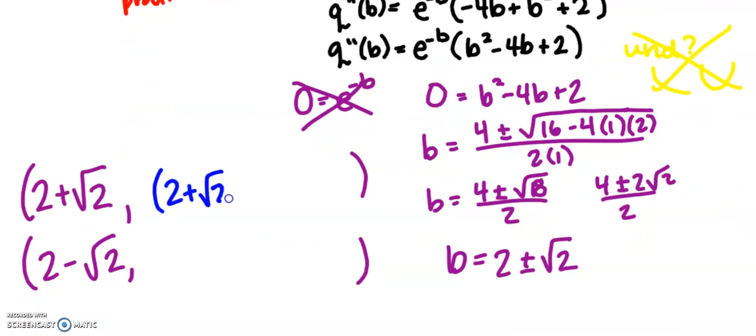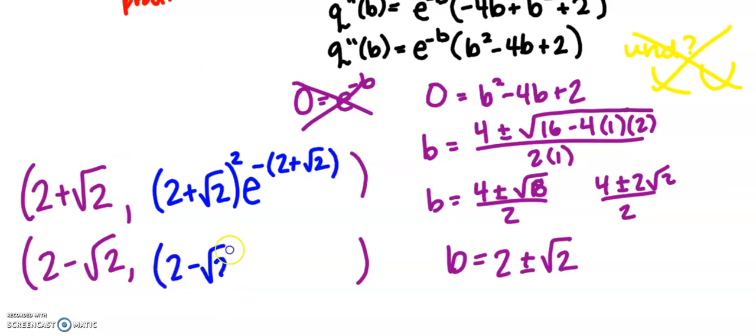So b squared times e to the negative b, evaluated at each of those b values. And those are your points of inflection.